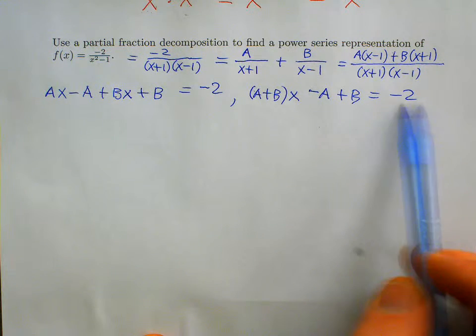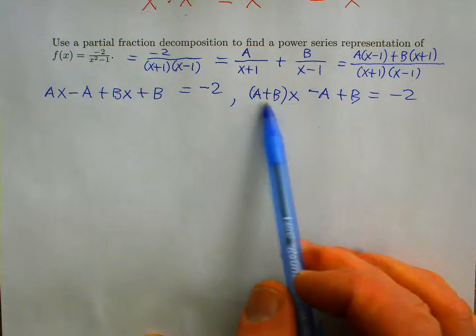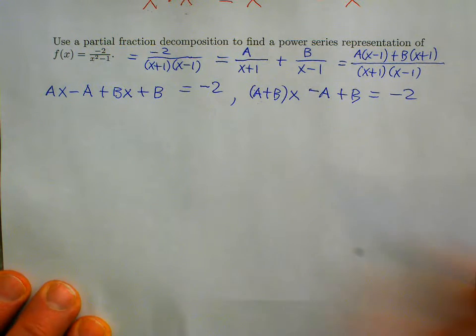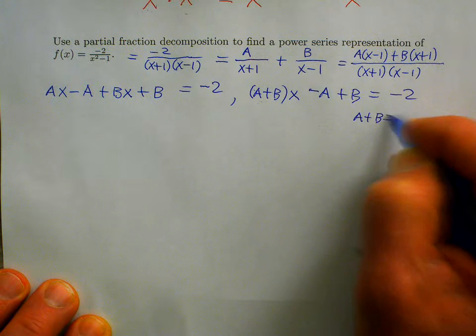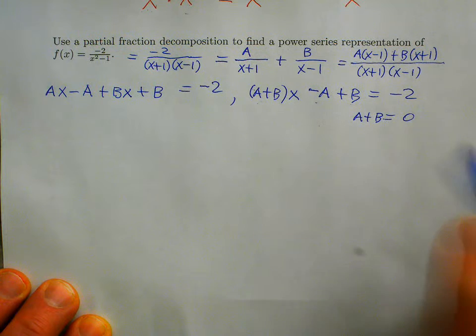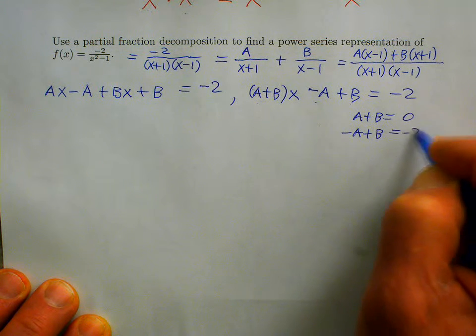Since negative 2 doesn't have the variable x, the coefficient of x here has to be 0. So a plus b has to be 0. And negative a plus b is negative 2.